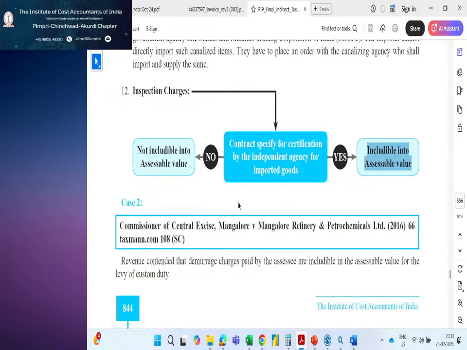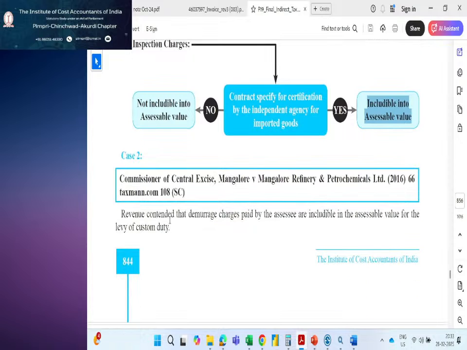You can check the freight, insurance, the rate of customs duty, and which exchange rate they have considered. Have a look at those things in your organization, which will give you more idea and more confidence. What we are seeing exactly here, the same will be followed in your bill of entry.